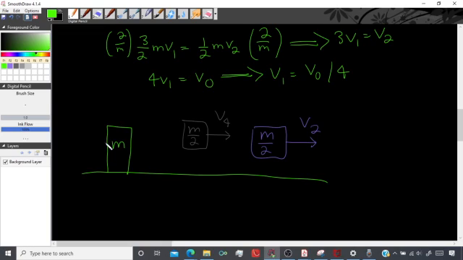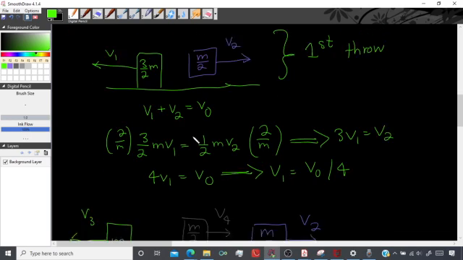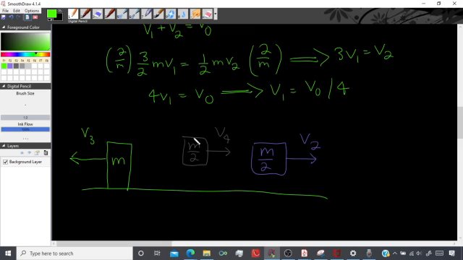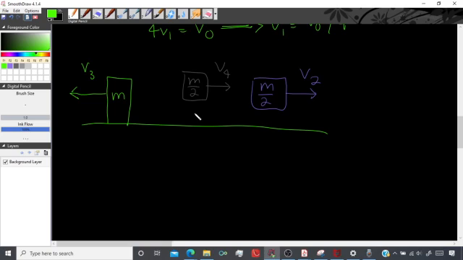And then I'll just say that the speed of the part of the system in the crate is v3. And once again, to conserve momentum, the total momentum of the system still has to be 0. And now, as the problem said, whenever I throw something, the relative speed between me and the object I threw is v0.